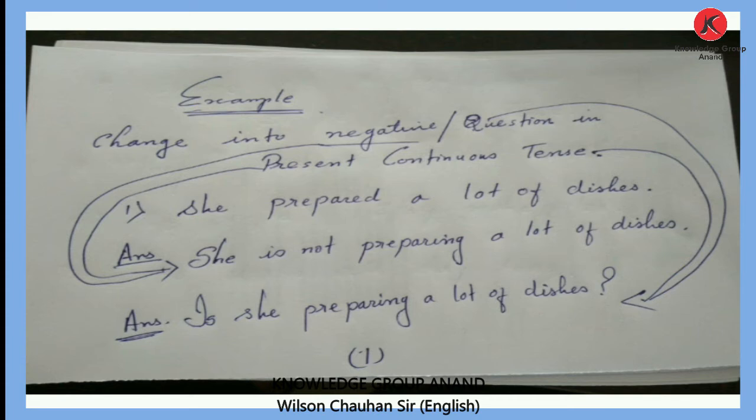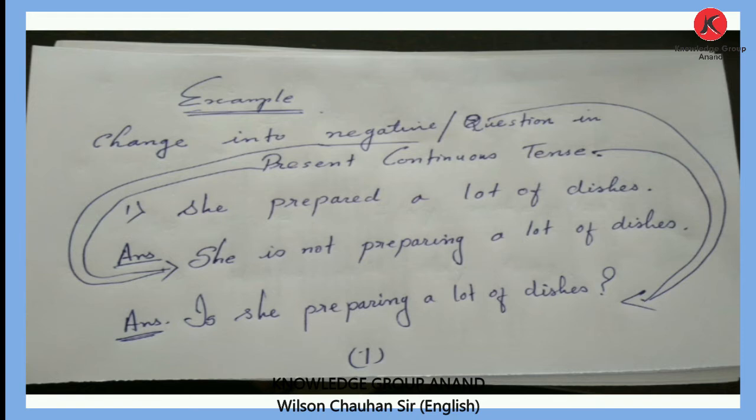Now we will change it first into negative, and the tense is present continuous tense. Remember what instruction is given to us? It needs to be changed into present continuous tense. Now negative: she is not preparing a lot of dishes.